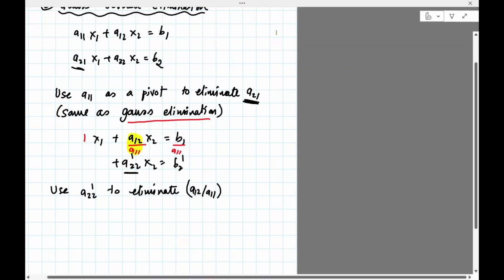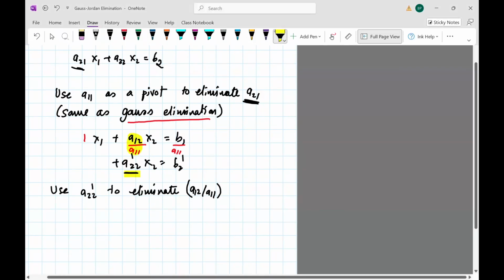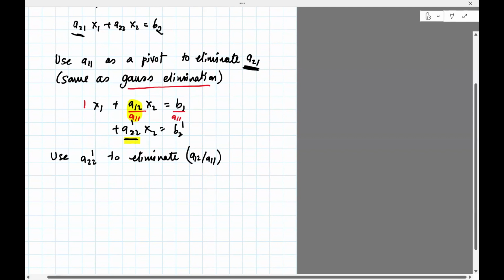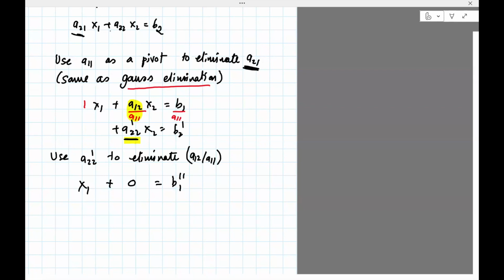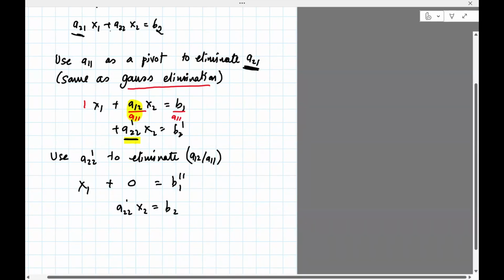So we want to eliminate this using a22 prime as a pivot. So what that will give me is x1 plus 0 equals, I'll write b1 double prime. The double prime is because this is the second iteration and not the first one. And then we have a22 prime x2 equals b2 prime.